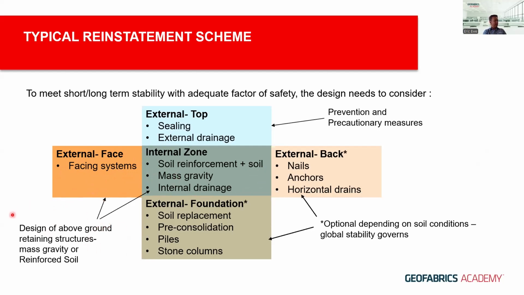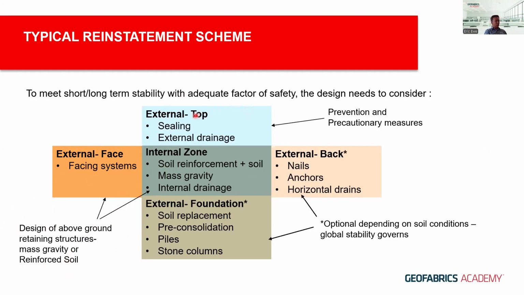This comes down to above ground retaining structure design, either mass gravity or reinforced soil, according to the respective local regulations or code. In Australia, for example, AS 4678, etc.